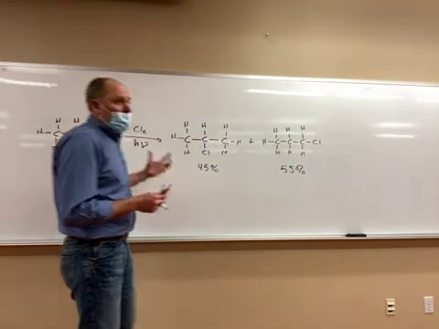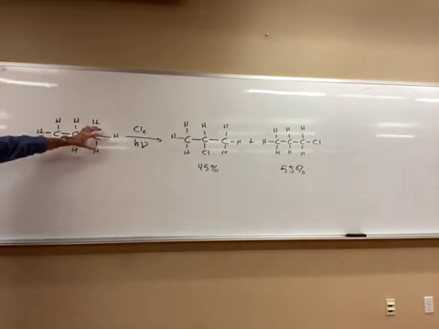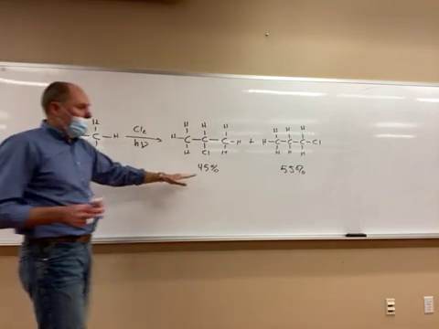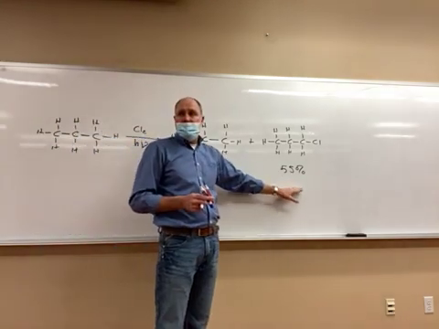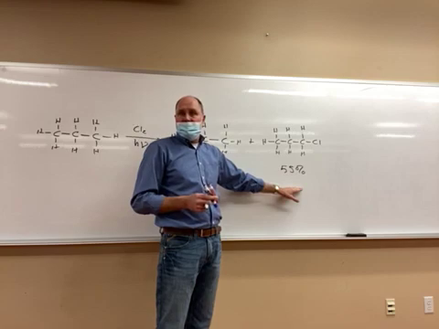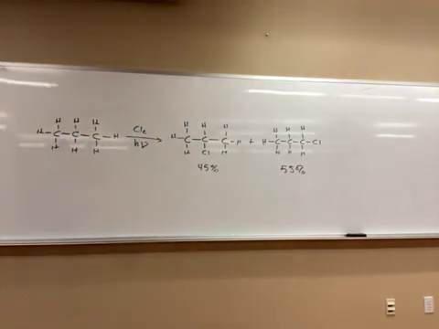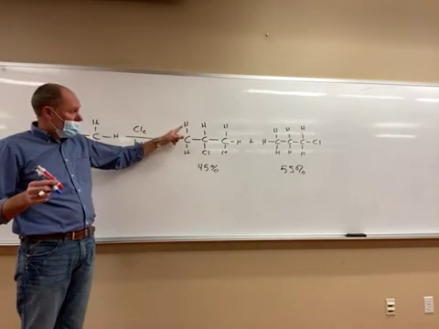Okay? So if you look at propane, propane has 2 primary carbons and a secondary carbon. So this ratio isn't a fair ratio, is it? How many primary protons do I have? 6.